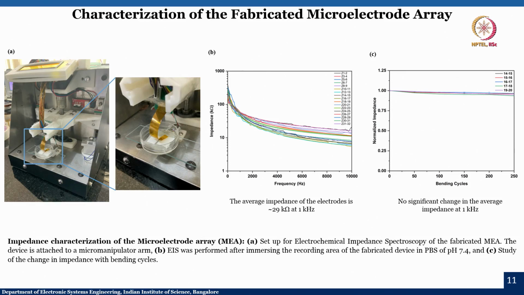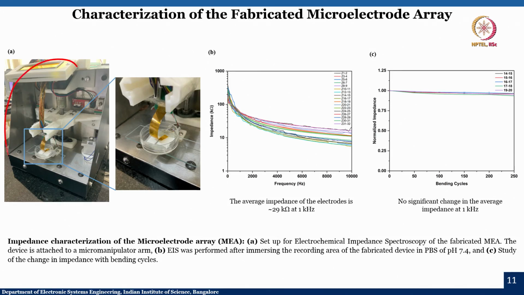There are questions on how to select the frequency, but that we have taken into account. Then there are bending cycles, how many times it will bend. That also we need to test, and what we identified is that with bending cycles also there is no change, as long as 1 kilohertz is the frequency. So, that is all about the characterization technique for the fabricated microelectrode array.